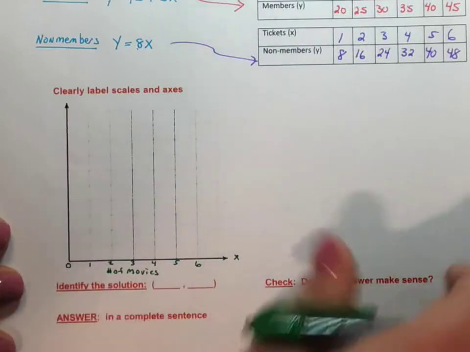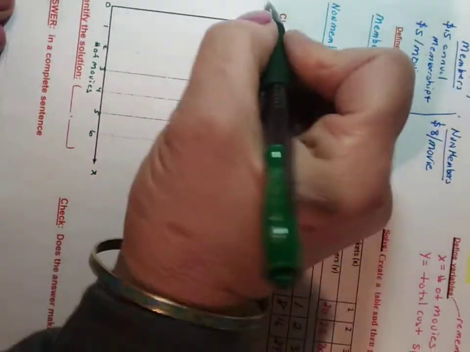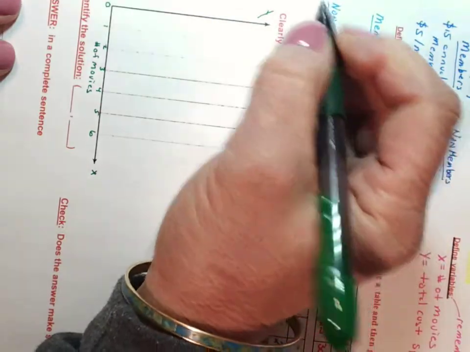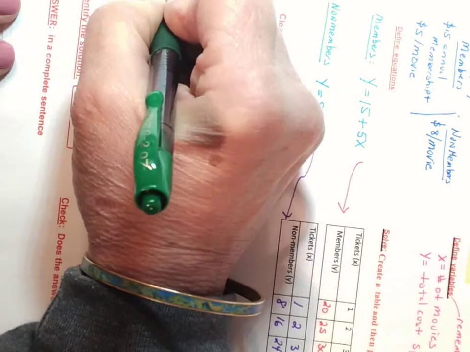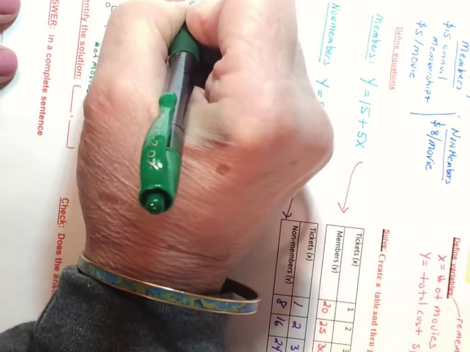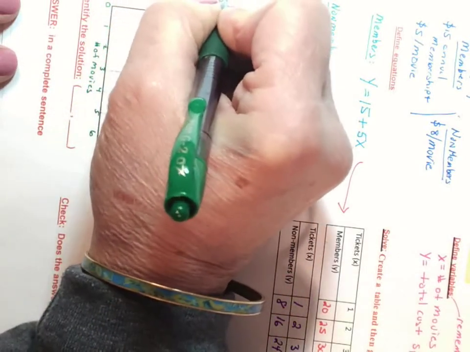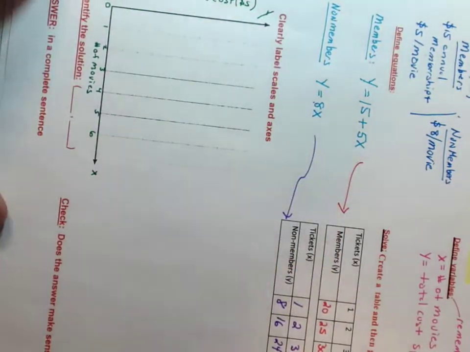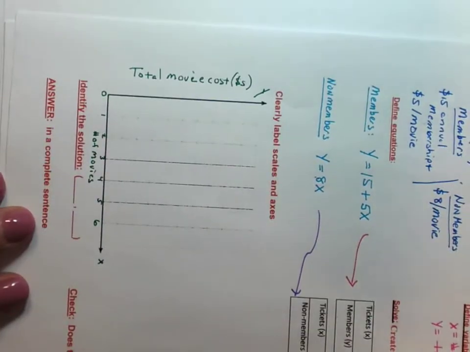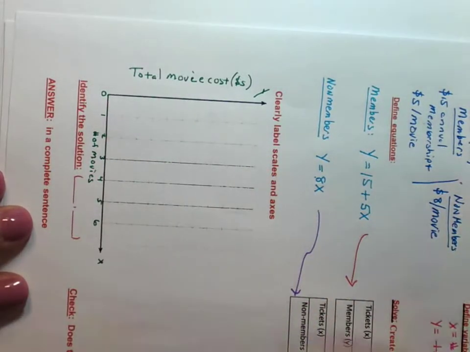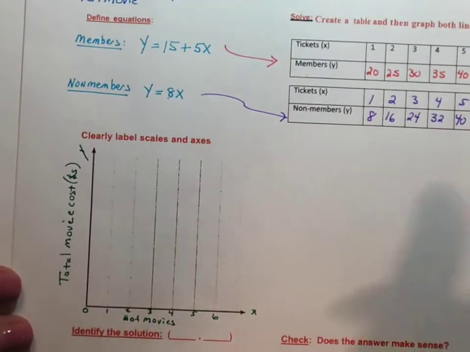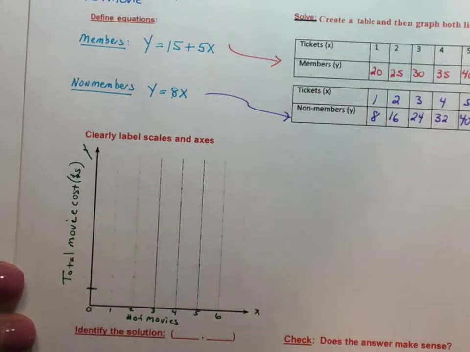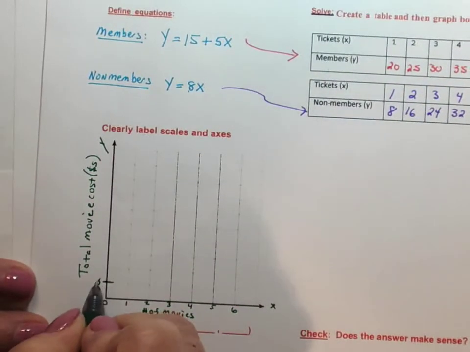But this right here is going to be the y variable, which is total movie cost. And don't forget, it's in dollars. So this is total movie cost in dollars. And we're going to be doing these in units of 5.